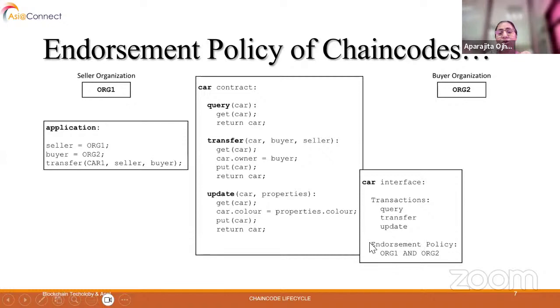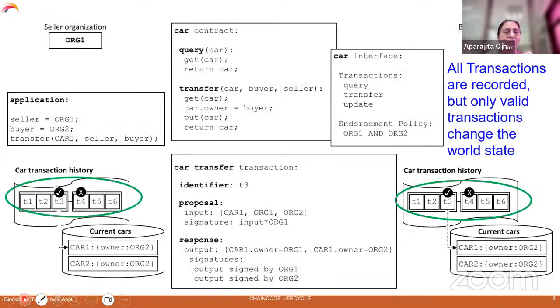And the endorsement policy, I seek your attention please here, says that both the organizations must sign the transaction proposal. That is, the buyer is ready to buy and the seller is also ready to sell. Okay, so the endorsement policy here is important.